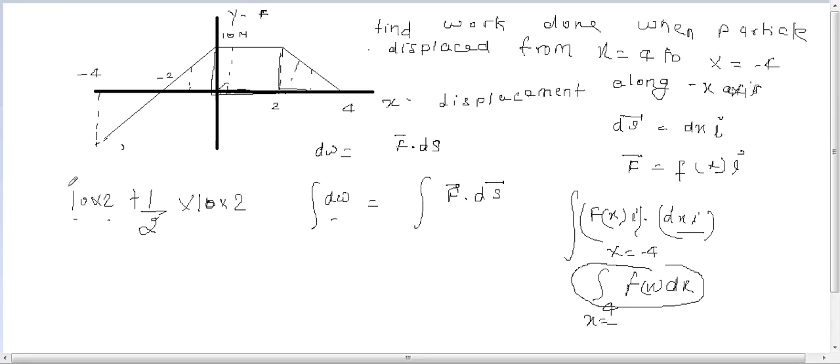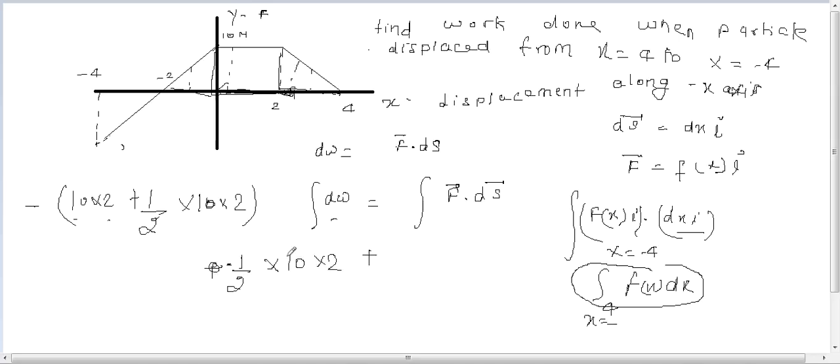And this whole work done will be negative because we are moving along the negative x-axis. Plus again here we are moving along this direction, so this area will be negative: plus 1 by 2 into 10 into 2, and this is again negative.